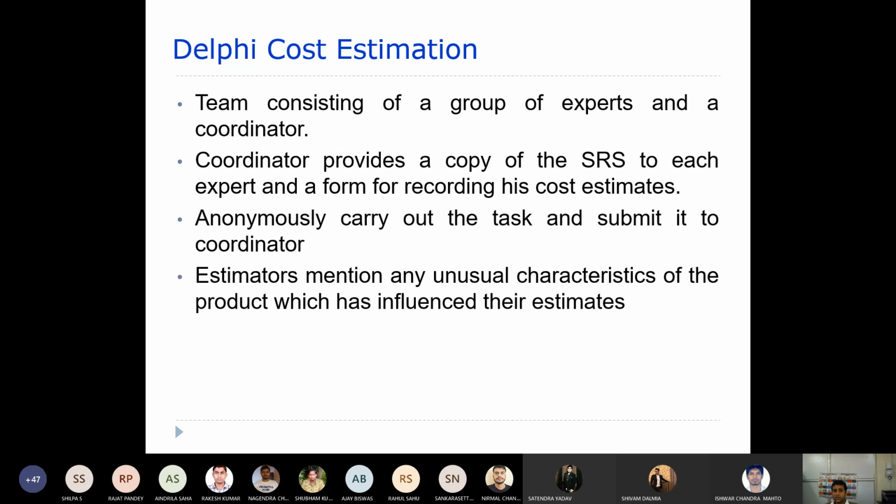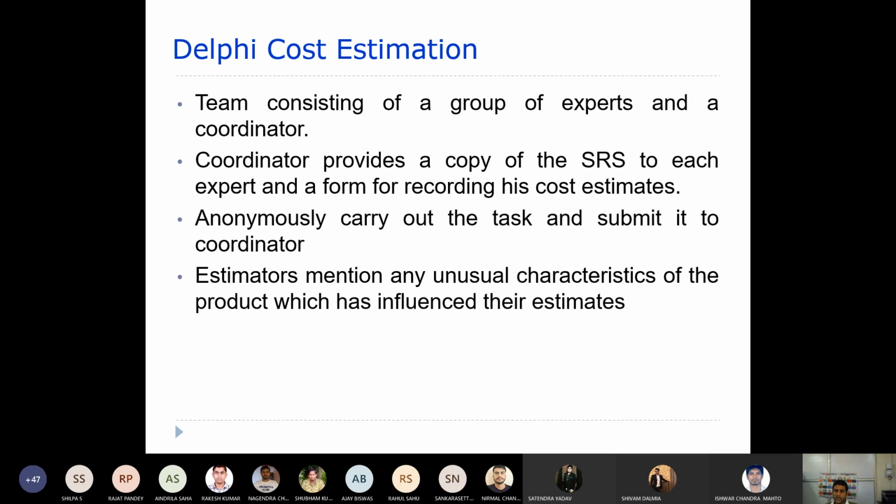Now this coordinator, at the very beginning, will distribute the SRS to each of the experts. Along with that SRS, he will also include a form in which these experts will provide their own estimates.